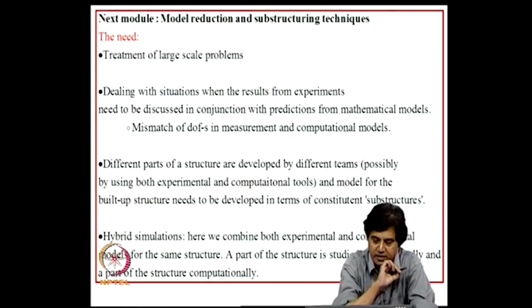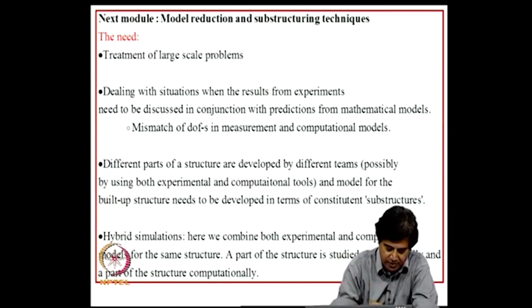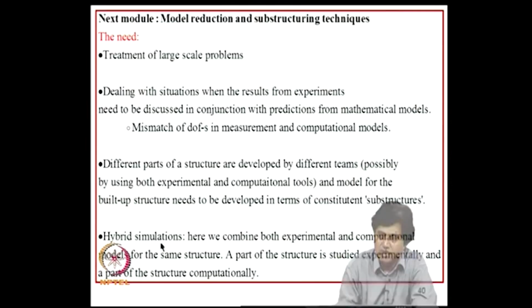Finally, another context in which these issues will become important is in the context of what are known as hybrid simulations. Here the word hybrid means in testing of structures under dynamic loads, we combine both experimental and computational methods. That is why they are called hybrid simulations. Hybrid simulations are essentially experimental testing techniques to qualify structures for specified dynamic loads, for example, earthquake qualification testing of a structure.